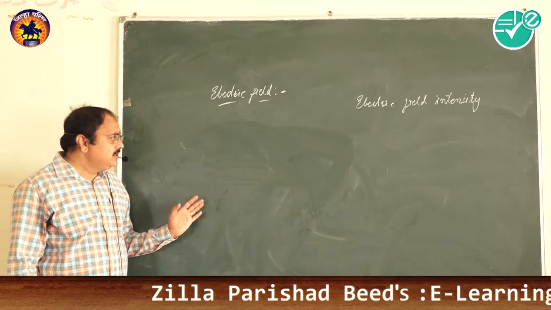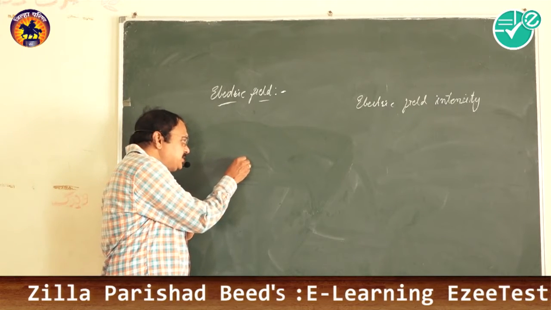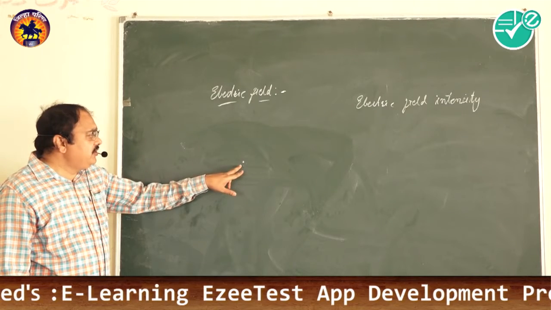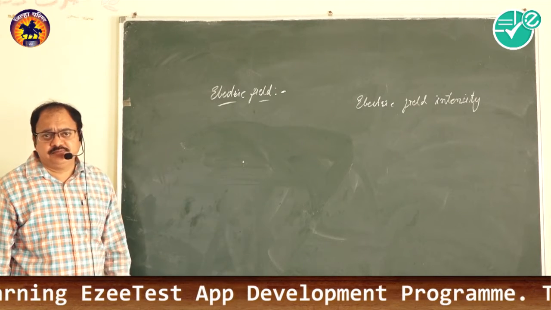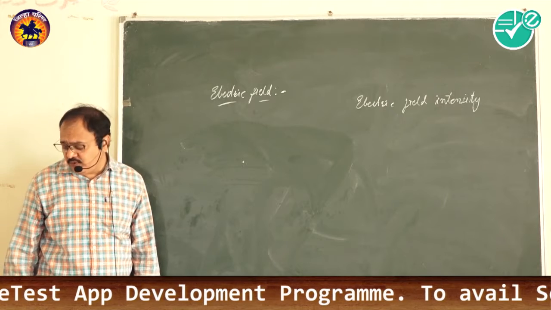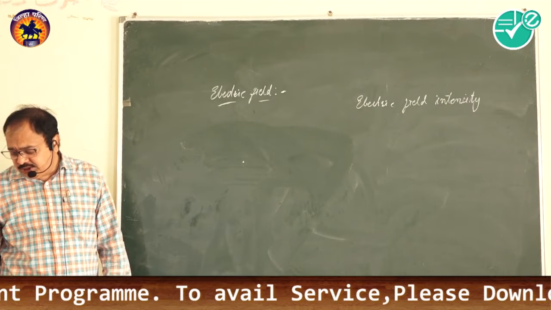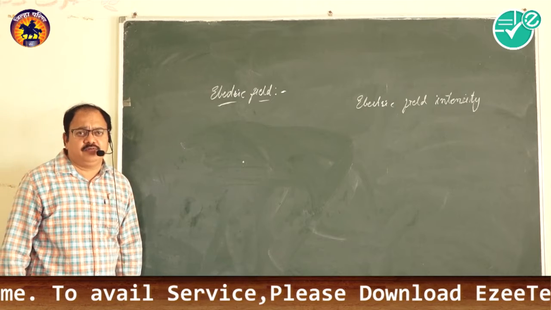Actually here, the point which is placed in the electric field experiences a force. So it is called the force acting per unit charge at that point in the electric field.